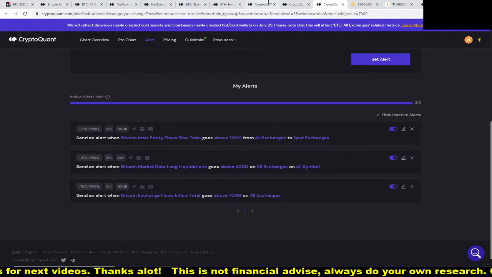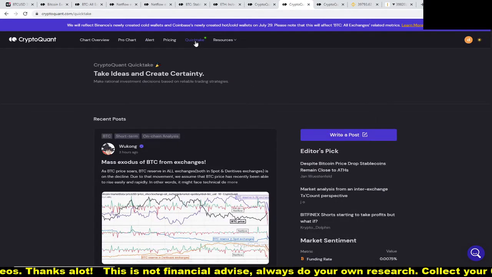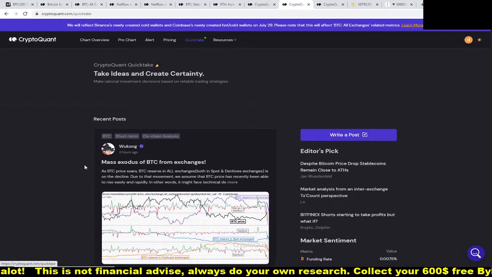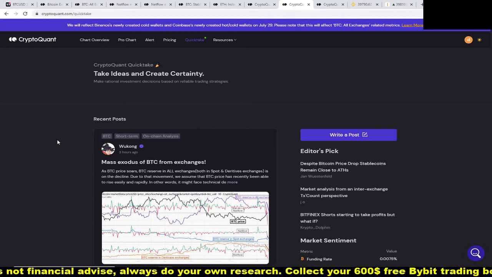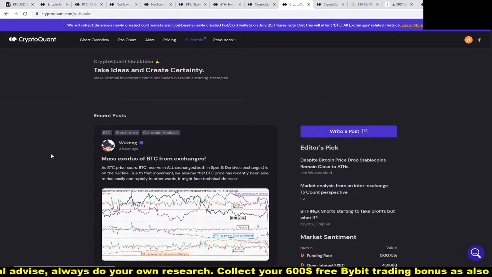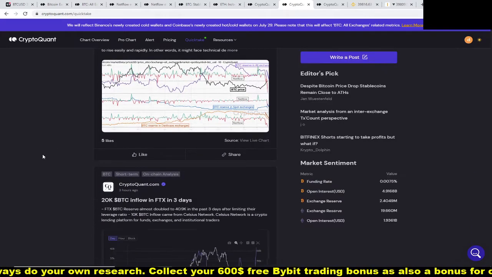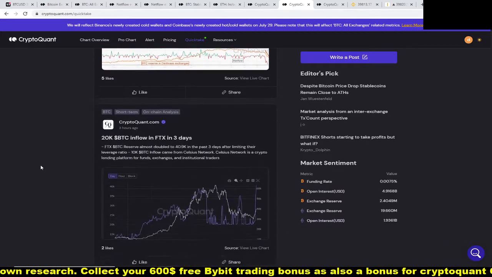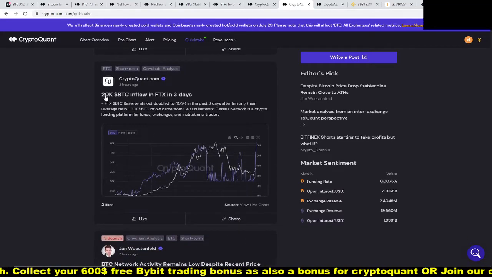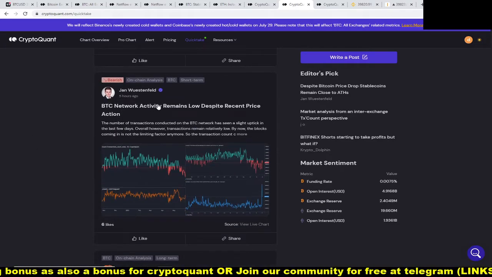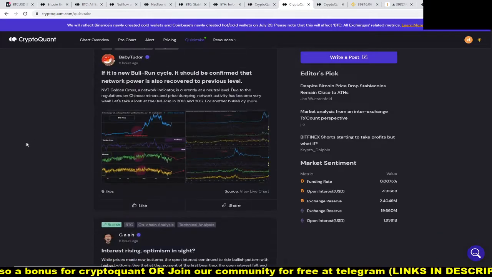So yeah. And then also you have the quick takes, and the quick takes are ideas from other people on Cryptoquant, who are sharing ideas with you guys. So 20,000 Bitcoin inflow in 3 days on FTX, the network activity.